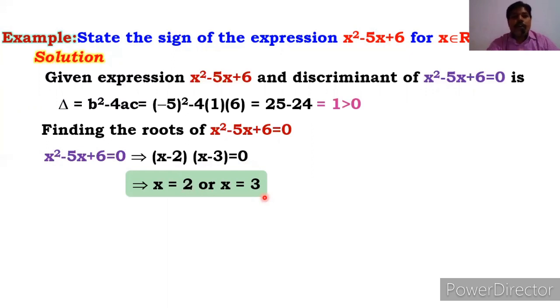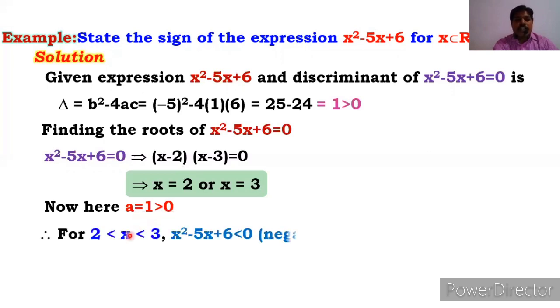So in the third case, two cases arise: if alpha less than x less than beta, then both have opposite sign. If x less than alpha or x greater than beta, then both have the same sign. Here a is equal to 1, which is positive. So the first case is if alpha less than x less than beta, a and the expression have opposite signs.